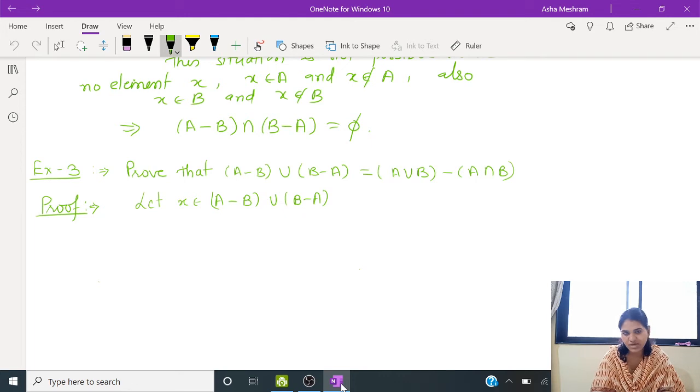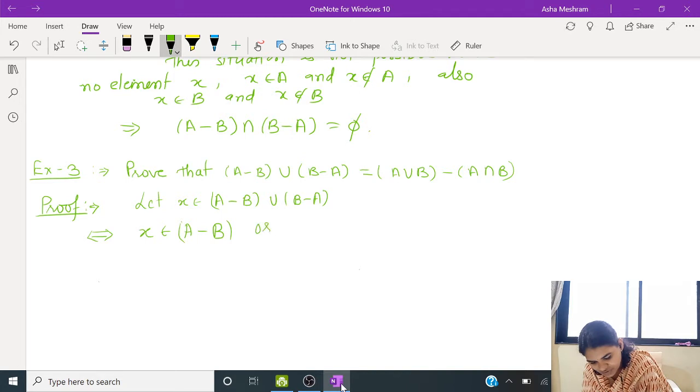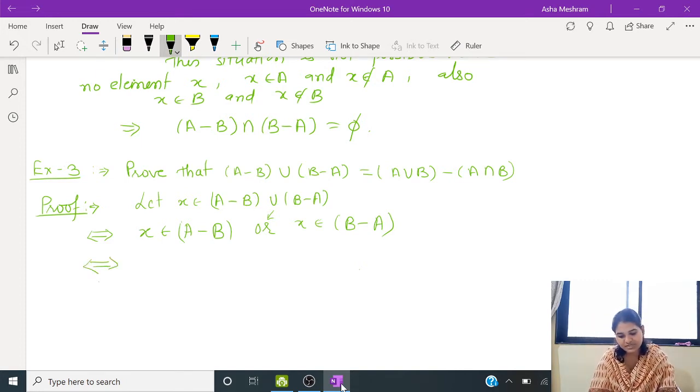So let's start with the element x belongs to A minus B union B minus A. Since the element is in a union, we can write x belongs to A minus B, the union sign replaced by the word or, x belongs to B minus A. This is the sign of if and only if, meaning we are proving both directions in parallel.